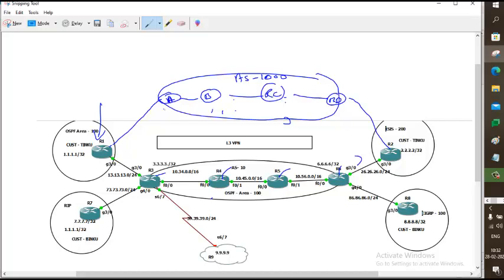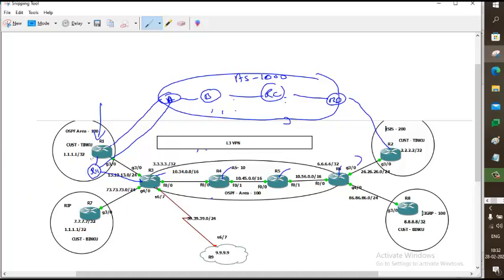How about if we have two customer edge routers and two service providers? If you have two customer edge routers, then you need to take two connections. R1 is accompanied by another router, R11.